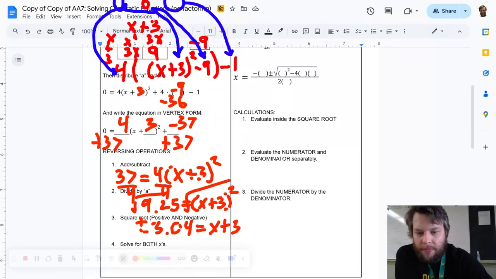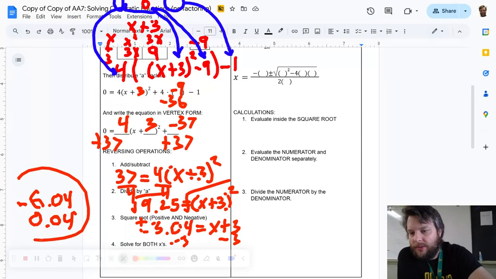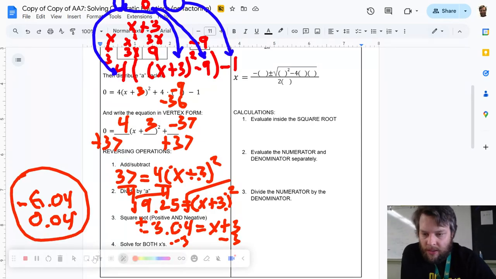And then we solve for both x's by going minus 3. So we have two answers. Our answers are negative 6.04 and, I guess, 3.04 minus 3 is positive 0.04. Okay, so those are our two answers that we got solving it with completing the square.